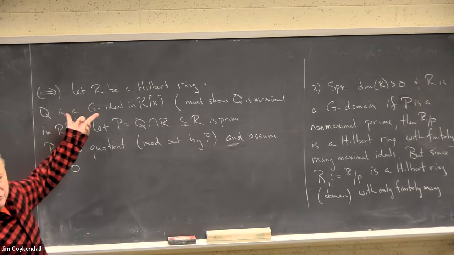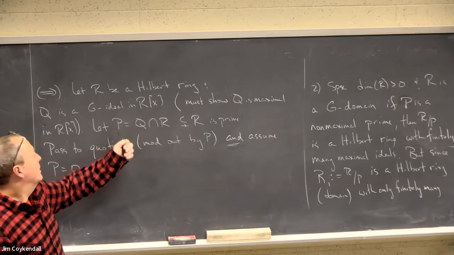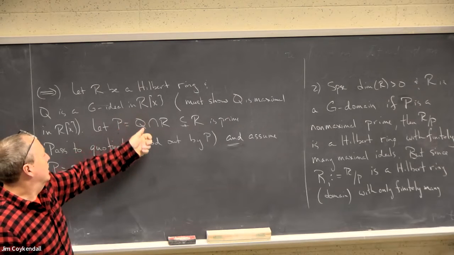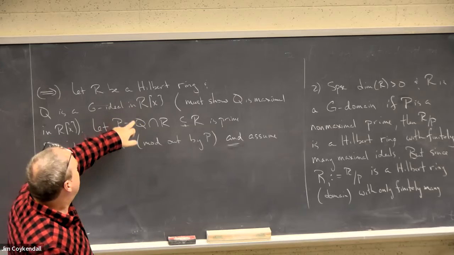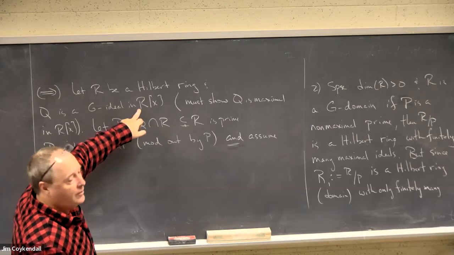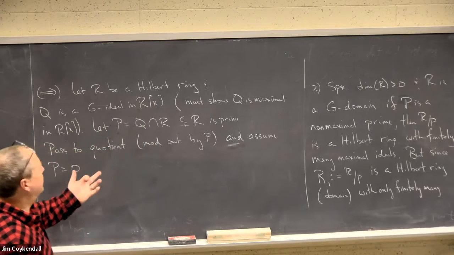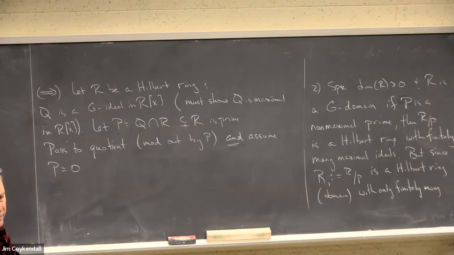Right, so take your G ideal and consider R mod P. Now Q mod P[x] is a G ideal in R mod P[x]. So what we've done is we passed to the quotient and considered this easy case.